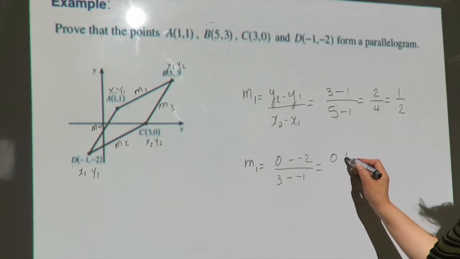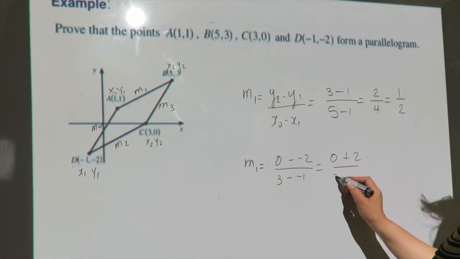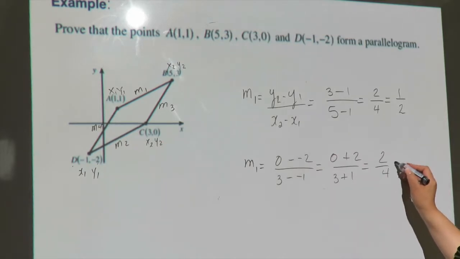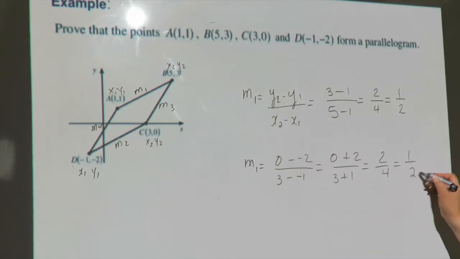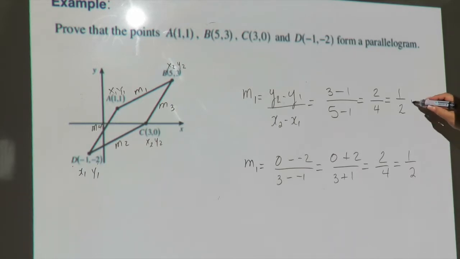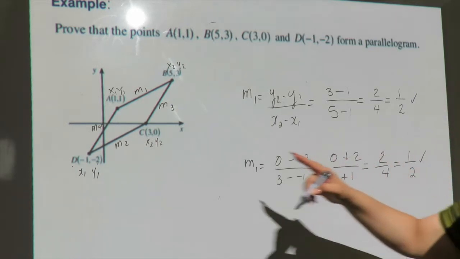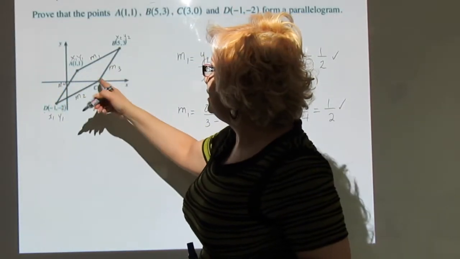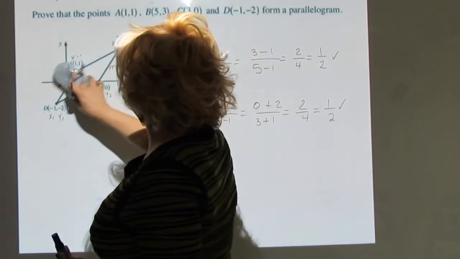That will be 0 plus 2 and 3 plus 1. So this is 2 over 4, and when we simplify, this is 1/2. Until now, we have proved that these two are parallel. What is missing is that we have to prove that this and this have equal slope.